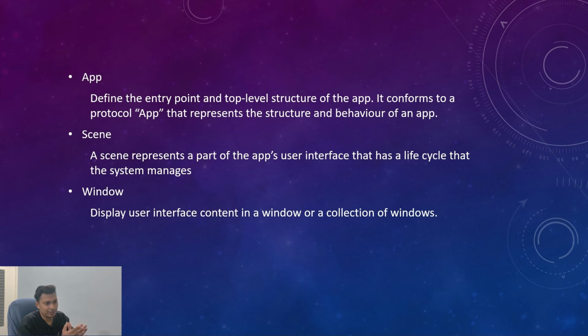Our iOS device has a small mobile screen, so there it will be only one window. But on a macOS desktop or laptop, or an iPad where the screen is bigger, we can have multiple windows in one application, as you should have seen in macOS, where multiple screens are open. That is defined in the window part only. We can define a single window or multiple windows.